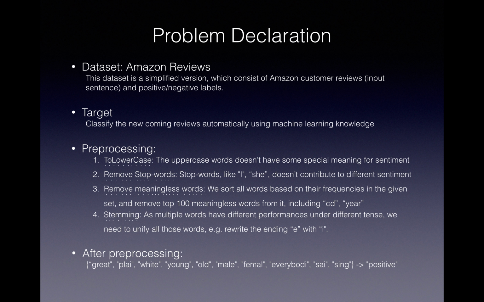Thirdly, I remove some meaningless words, selected by us from all words based on the affixes in the given site, and remove the top 100 meaningless words from it, including city, years, everyone, every day, something like that. And finally, we also stem the words. Here is one example of preprocessing.